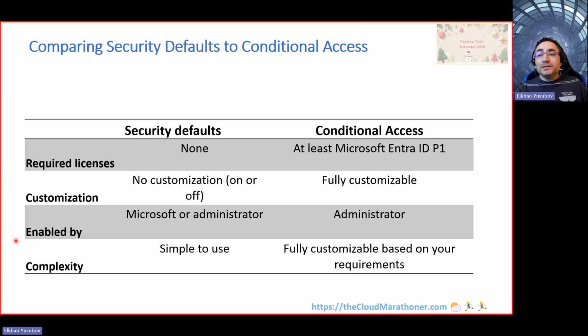While you are looking at this comparison, I want to mention that one of the very critical recommendations from Microsoft is to make sure that you have two cloud-only emergency accounts created, which have a permanently assigned global administrator role.